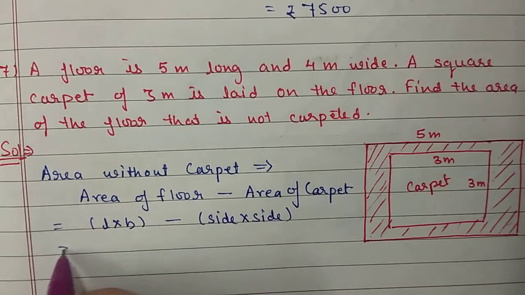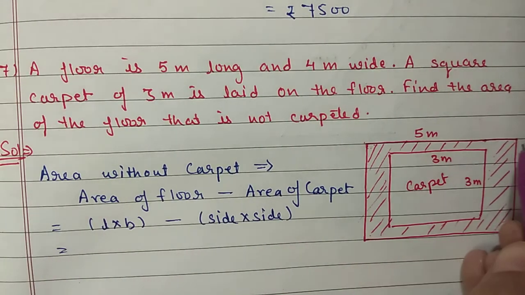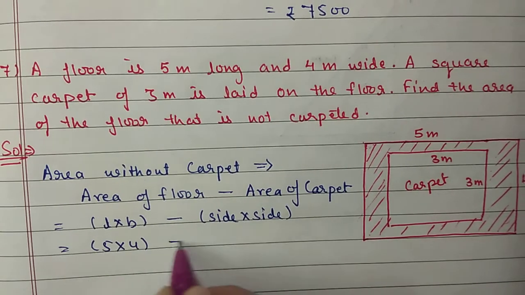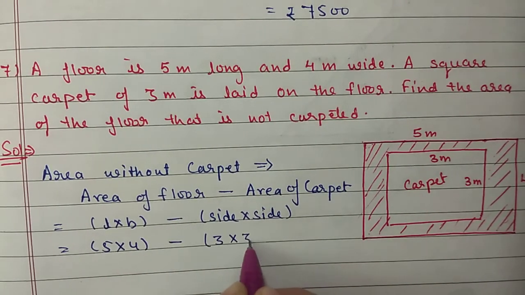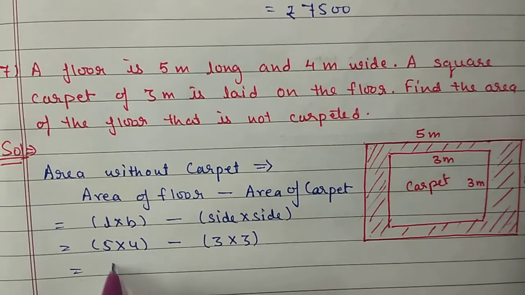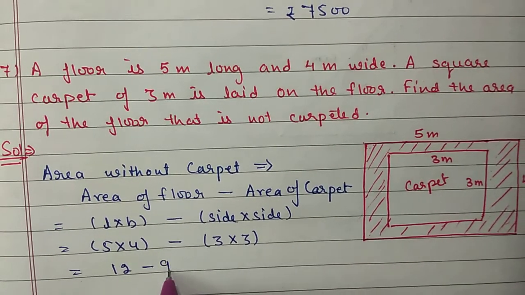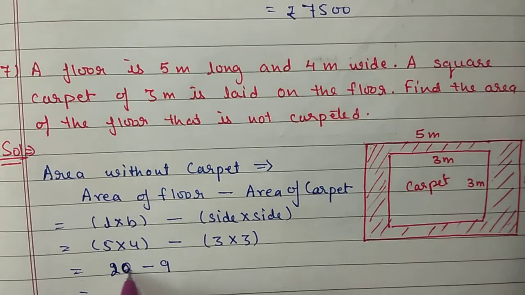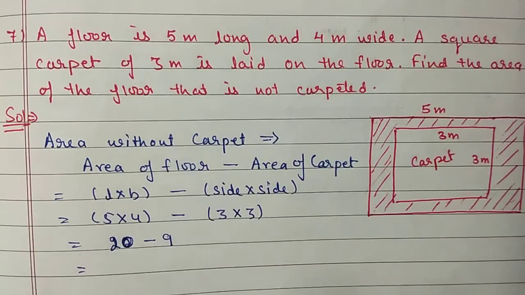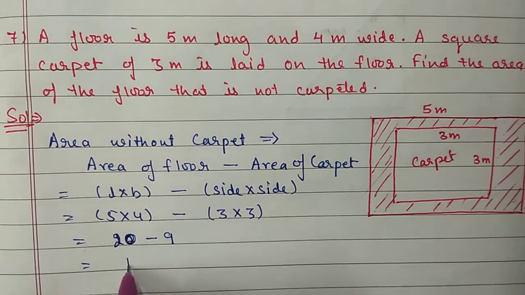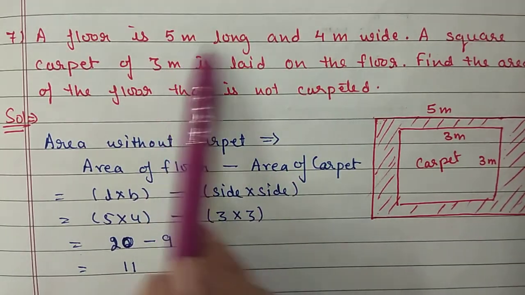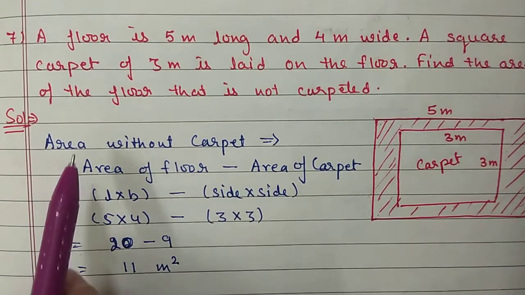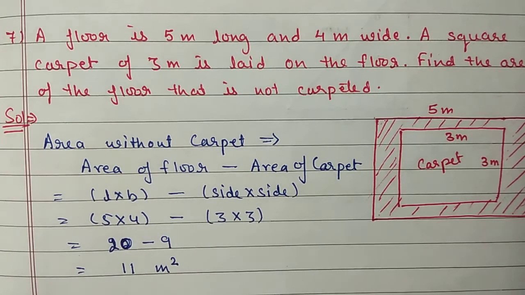We can substitute values. For floor, length is 5, breadth is 4, so 5 into 4, and for carpet each side is 3, so 3 into 3. 5 4s are 20, and 3 into 3 we will get 9, and 20 minus 9 we will get 11. In unit you can see everywhere it is meter, so the unit will be meter square, because we are finding area.